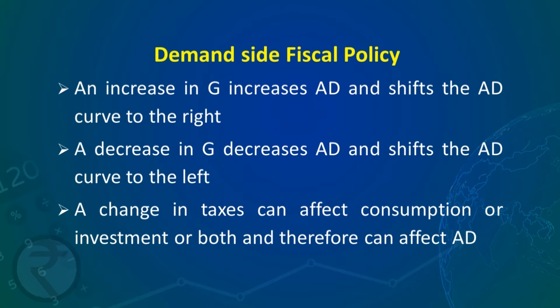A change in taxes can affect consumption or investment or both, and therefore, can affect aggregate demand. We know that aggregate demand is equal to consumption plus investment plus government purchases. So, that is why the fiscal policy can affect the aggregate demand.